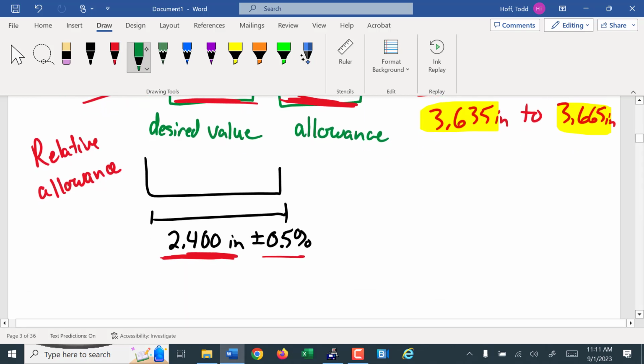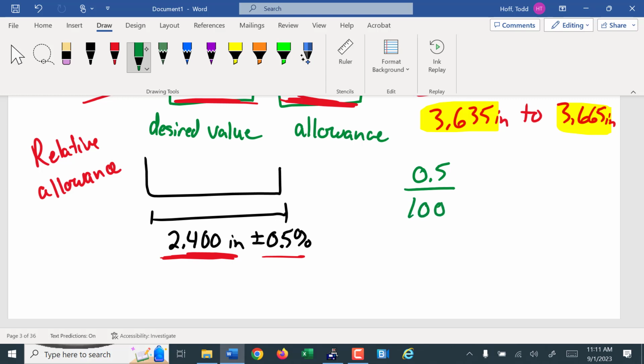So we need to go back to our percent calculations to figure out the absolute size of the allowance here. Remember, a percent is always over 100. So 0.5% is 0.5 over 100. We need to figure out how much that is out of 2.4 inches. To find the missing number in the proportion, we cross multiply and divide.